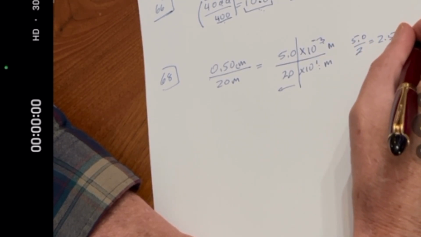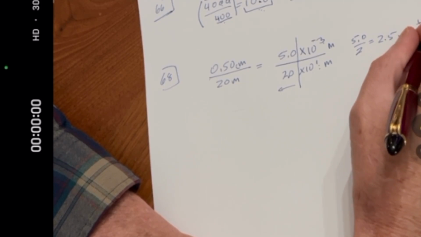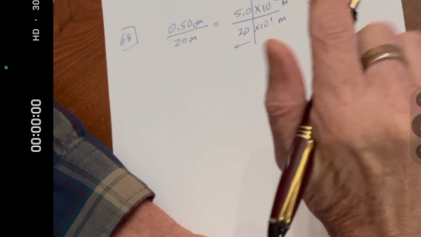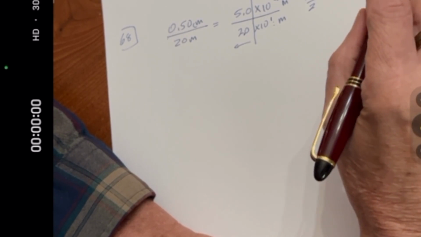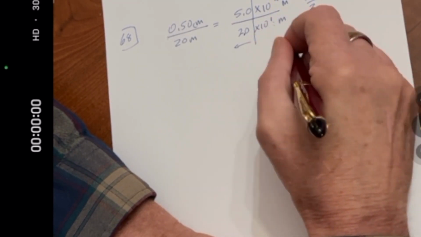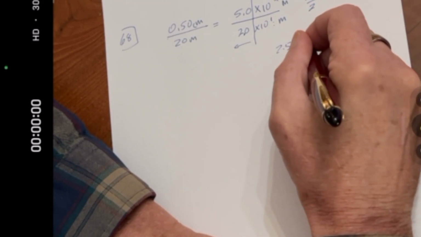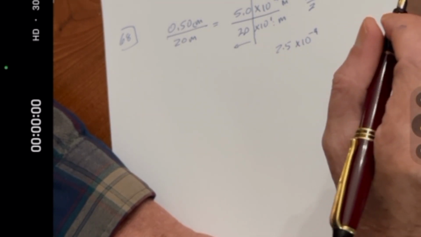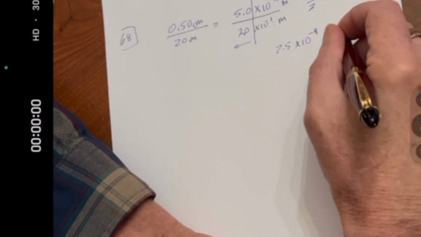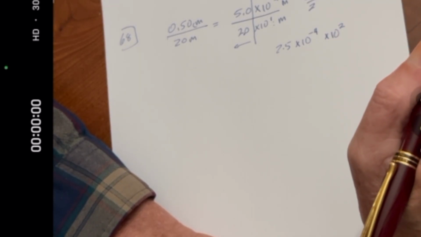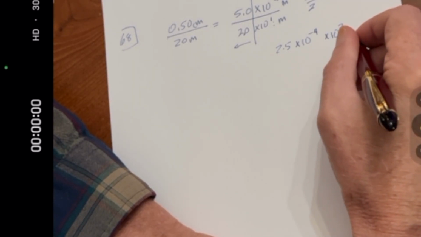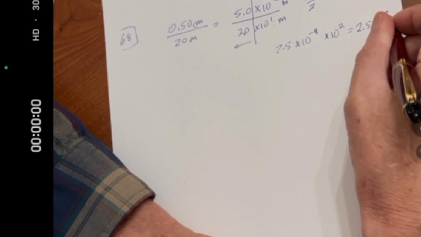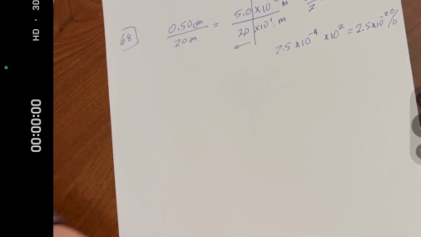So that will be 10 to the negative 4. But we're not quite done yet, because this has to be given in percentages. So we've got 2.5 times 10 to the negative 4 as our raw number. We multiply that by 100, 10 to the 2, to get our percentage. And as a result, our answer is 2.5 times 10 to the negative 2 percent.